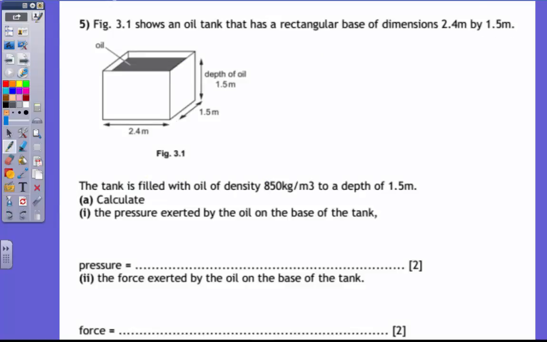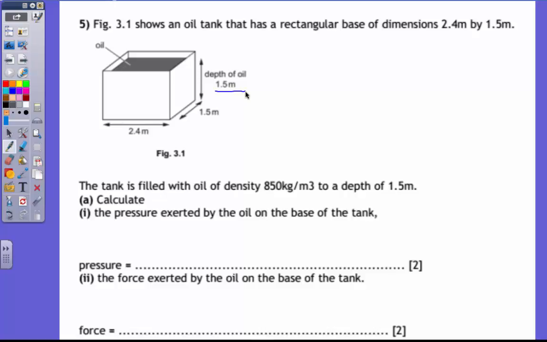Question 5. Figure 3.1 shows an oil tank that has a rectangular base of dimensions 2.4 meters by 1.5 meters.